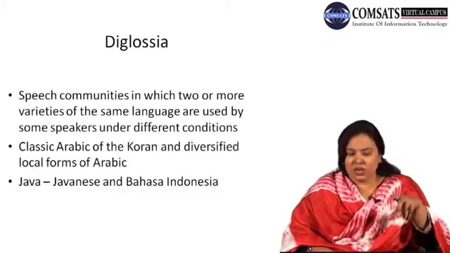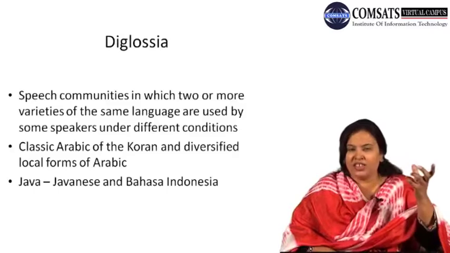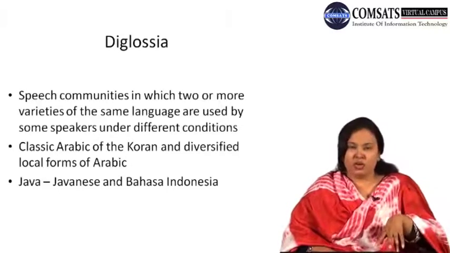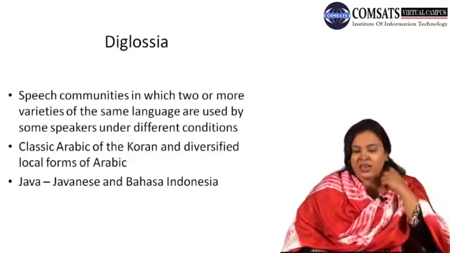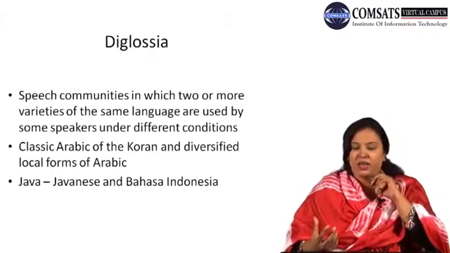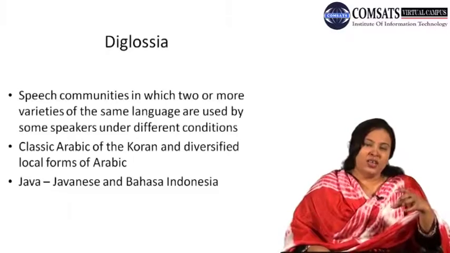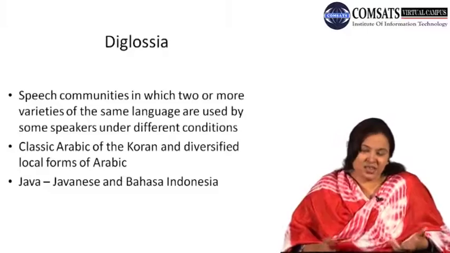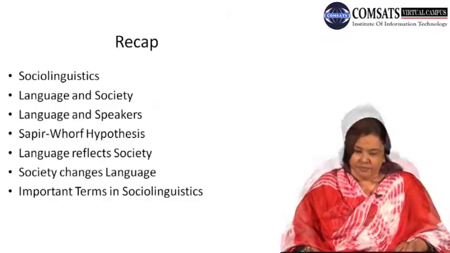So this is diglossia. Similarly, Java is a diglossia because it has Javanese and Bahasa Indonesia. It is one speech community using two or three varieties of a single language. So this is termed diglossia.